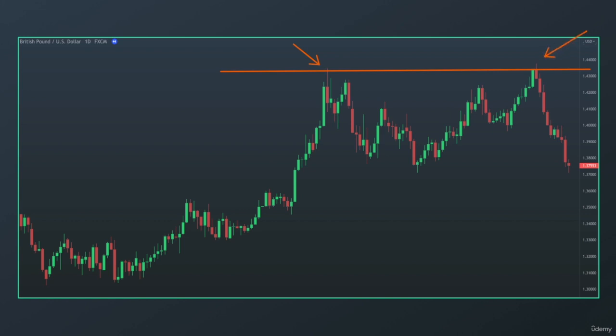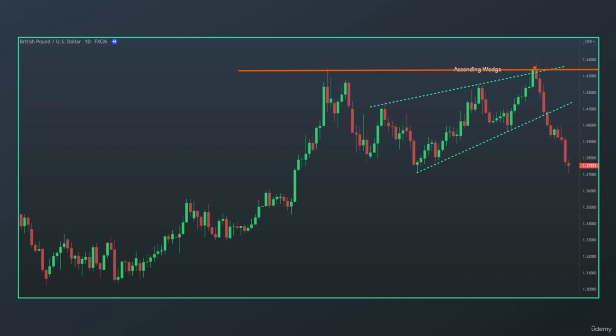So this is our double top on the weekly time frame. Price also made an ascending wedge, which is a reversal pattern. So an ascending wedge at resistance level is signaling a reversal.